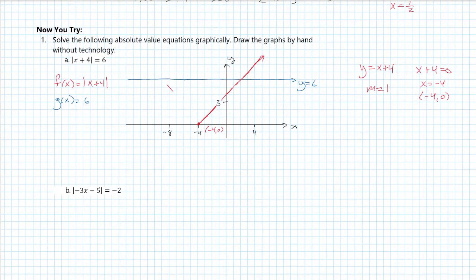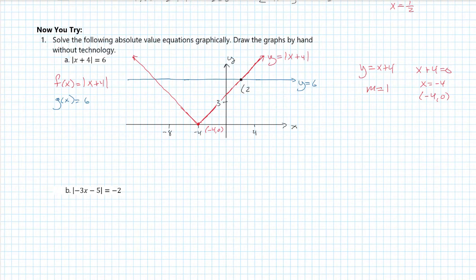Oops, I'm off here. Right, I'll label that y equals the absolute value of x plus 4, close my absolute value. And then I want to identify the intersection points.